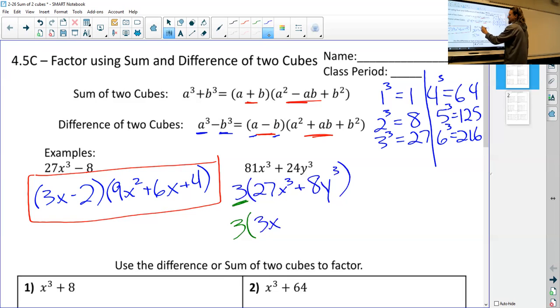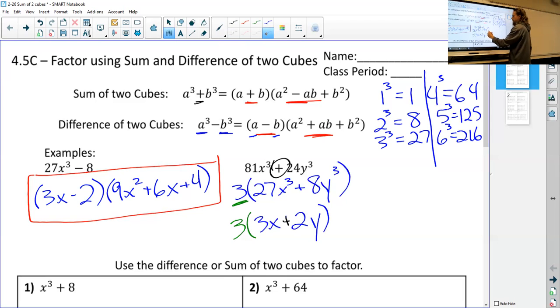But this time, since it's the sum of 2 cubes, we know we're going to put plus first. So 3x plus, and then we have the cube root of 8 is 2. The cube root of y to the third is y. Okay, it's not exactly the same. I forgot there's a y here.